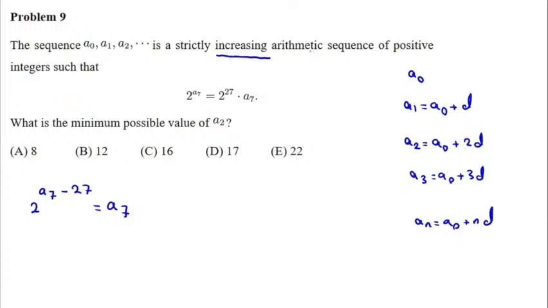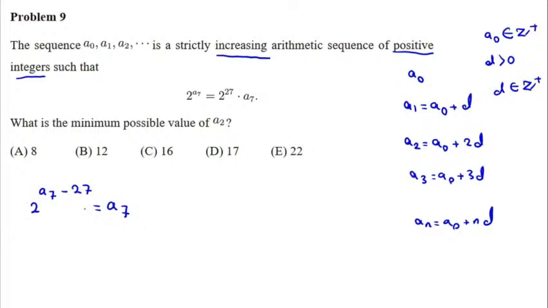It says strictly increasing, so D is positive, and positive integers, so A0 is a positive integer, and because A0 and A1 are integers, D is an integer, and D is positive, so we conclude D is also a positive integer.